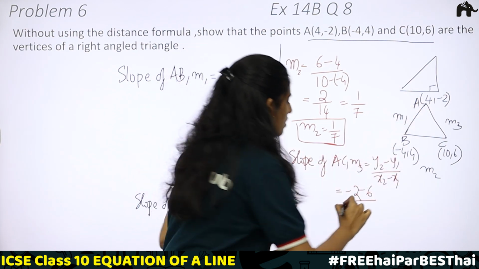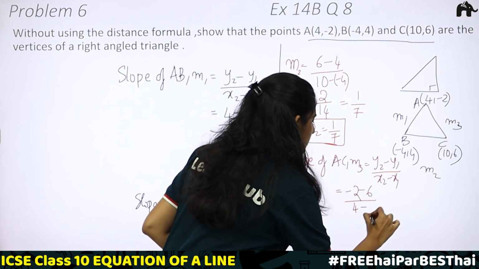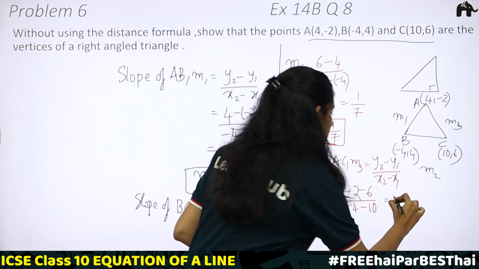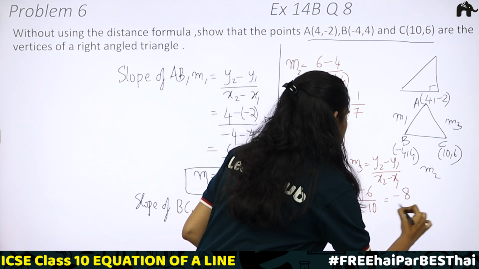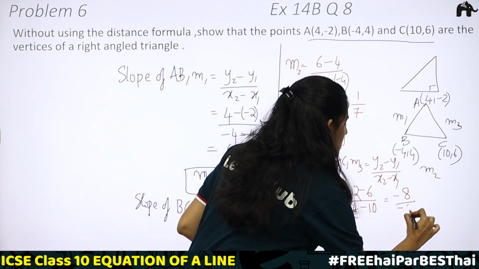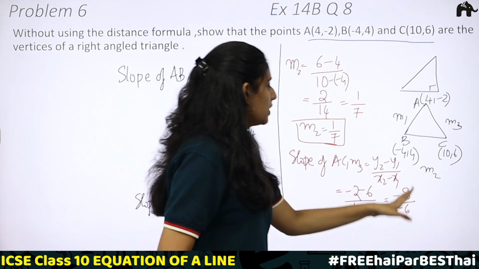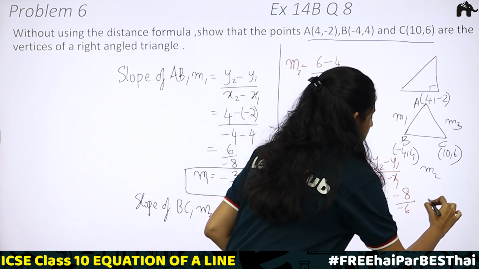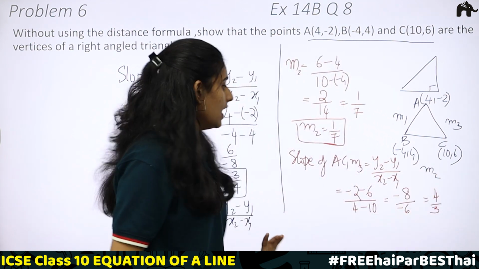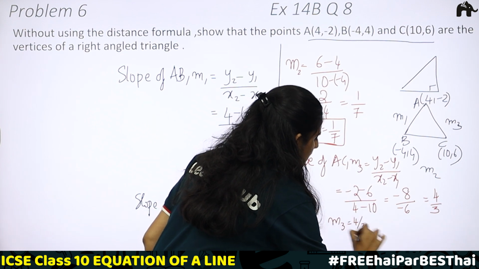Here x2 is 4 minus x1 is 10. That is equal to minus 2 minus 6, minus 8, divided by 4 minus 10. 4 minus 10 is minus 6. Negative and negative can be removed. Taking the fraction, dividing by 2 the numerator and denominator, we get the fraction 4 divided by 3. Okay, we got m3 is equal to 4 by 3.